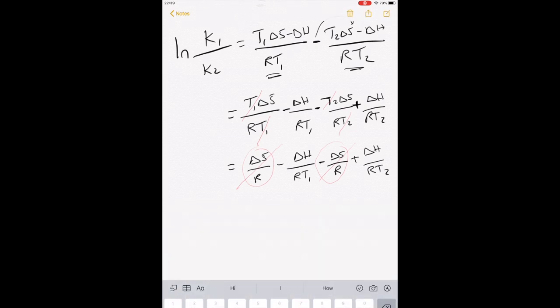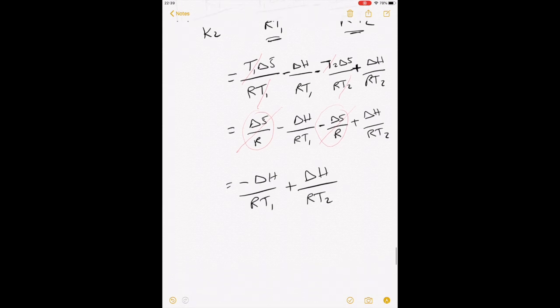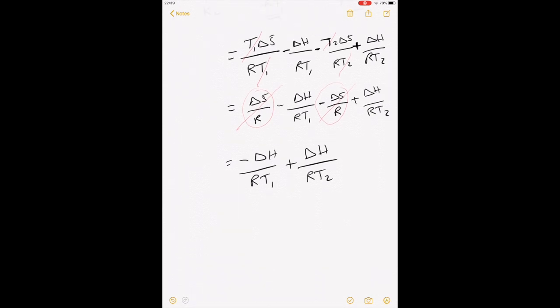That means you have minus delta H over RT1 plus delta H over RT2, and then you could take a common factor here. So you could take the delta H over R as the common factor.